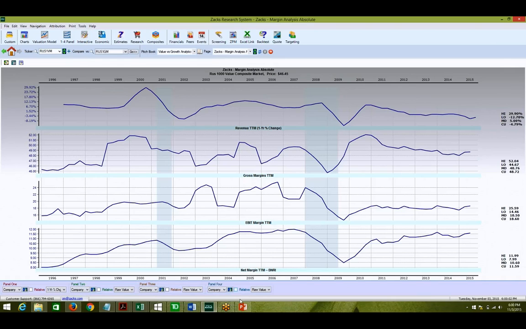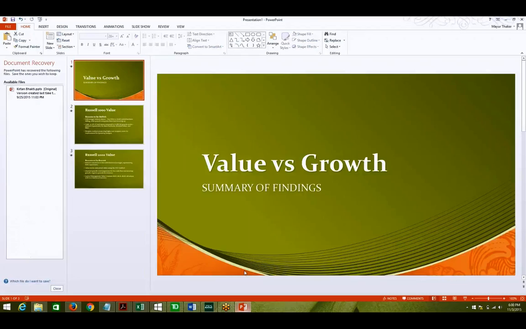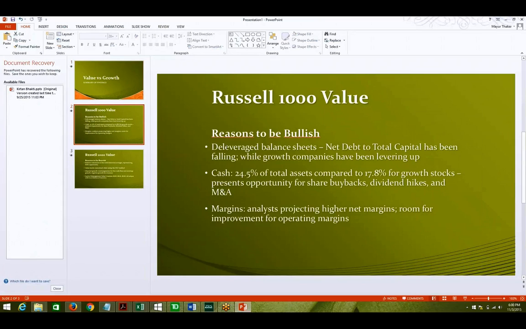Therefore, in summary, it seems as though value stocks have perhaps only 3 arrows in their quiver. We know that value stocks have deleveraged their balance sheets. The net debt to total capital has been falling, while growth companies have been levering up.